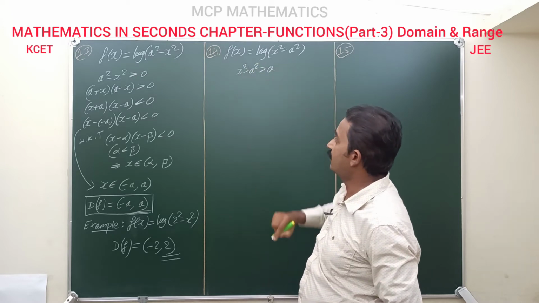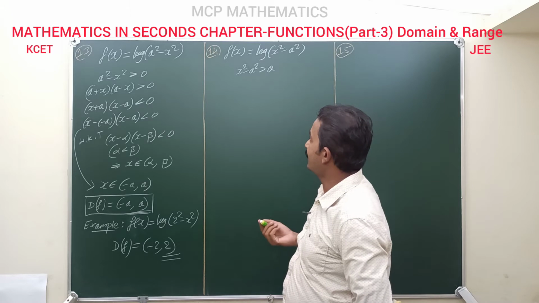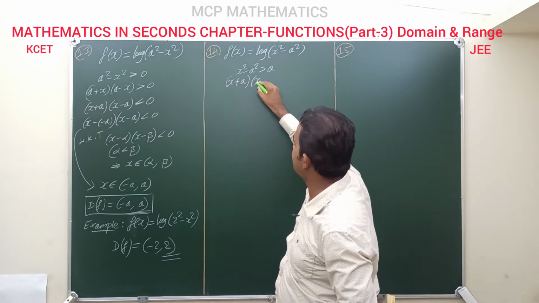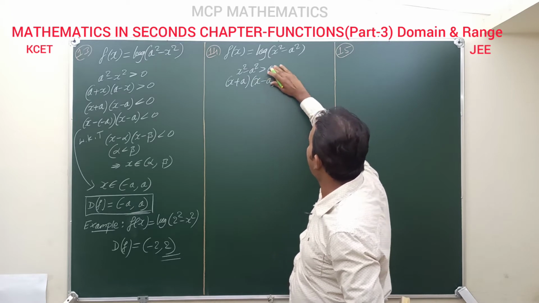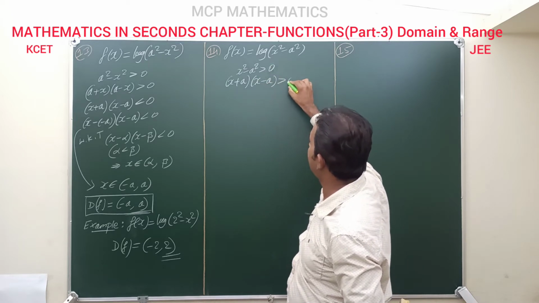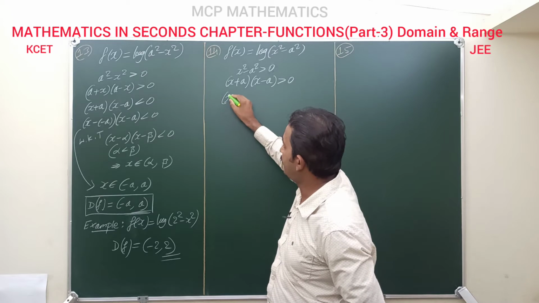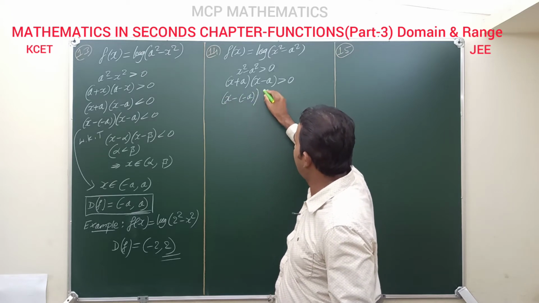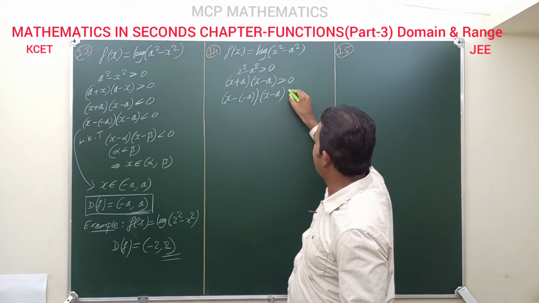Again using the formula, x square minus a square is nothing but x plus a into x minus a, greater than 0. So x plus a can be written for convenience as x minus of minus a.